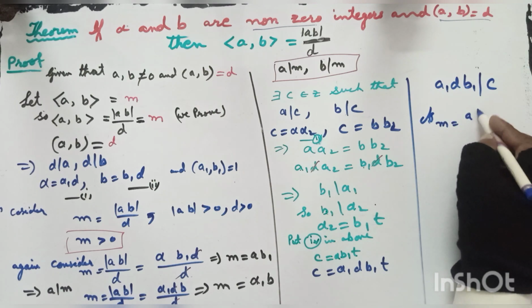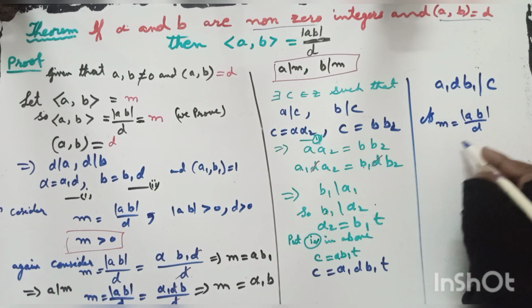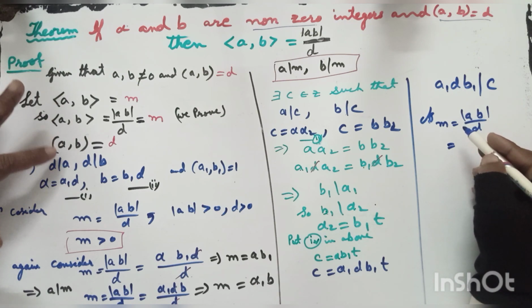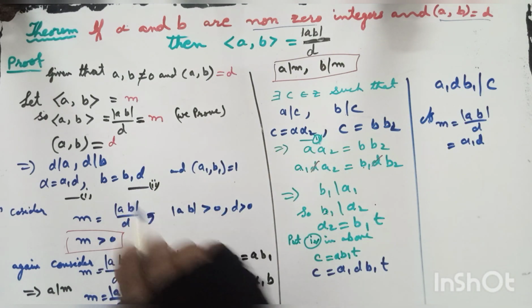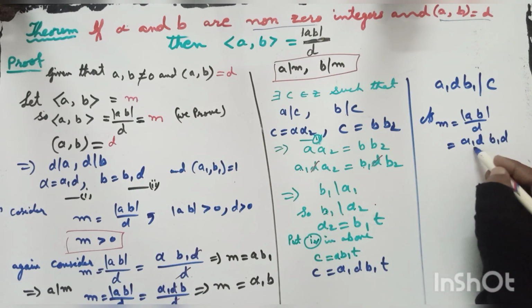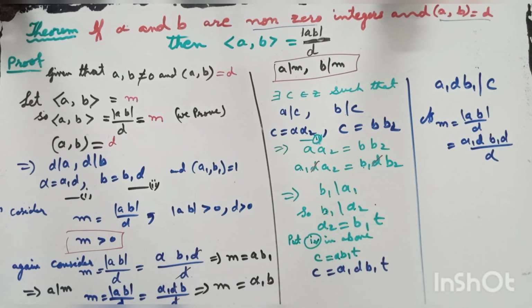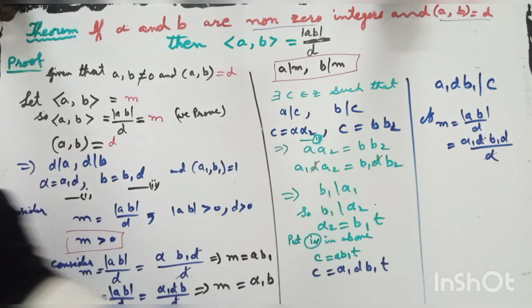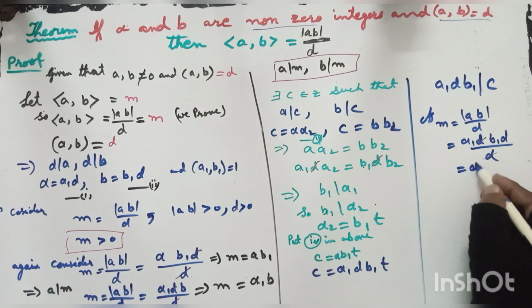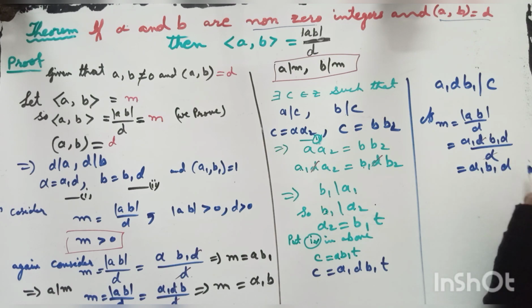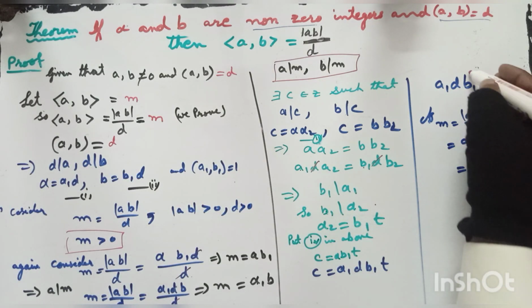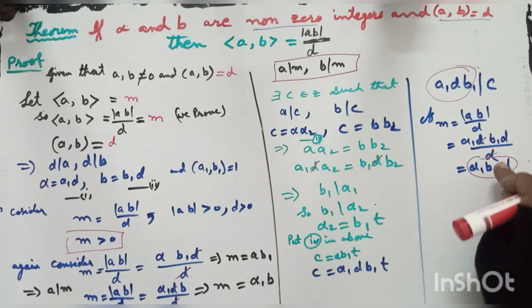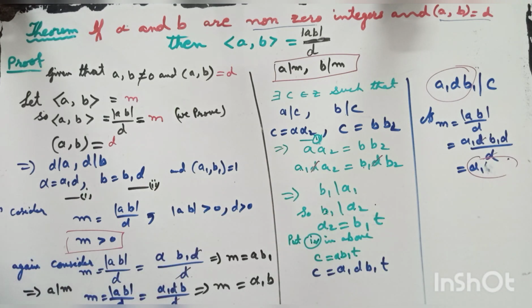What is M? M is AB over D, as you know that. If I plug in the values of A and B here, A1 D and B is B1 D, B1 D over D. I can cancel D with D. So what is here? A1 B1 D. And you can see here this value is equal to this value.